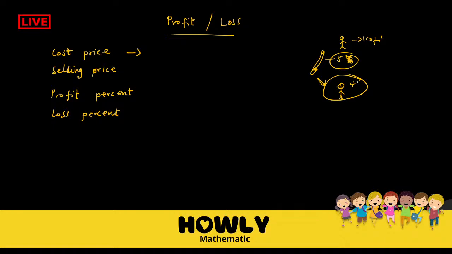I came and I bargained and I got it cheaper, so he ends up making a loss. But if I had paid more, he would have gained. So that is profit or gain.